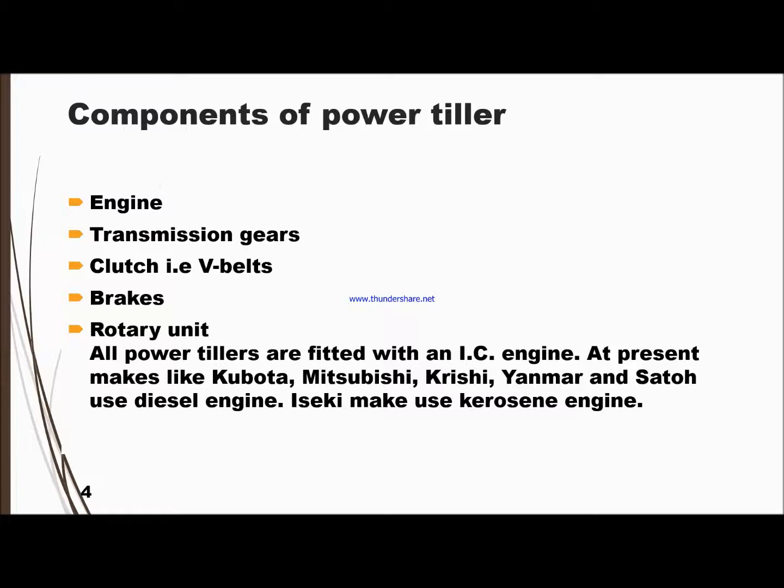We also have a brake and rotary unit. All power tillers are fitted with an internal combustion engine, or IC engine. Right now, many manufacturers make these components for this type of power tiller.